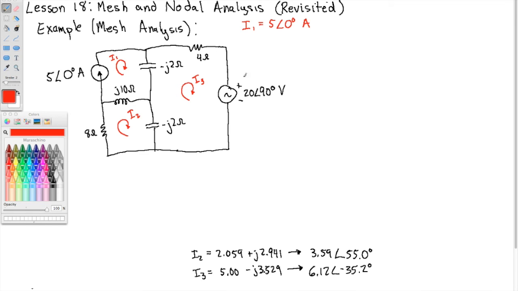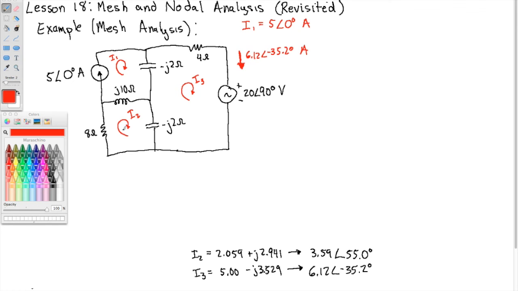So the current here in this branch, because I3 is the only current that is contributing to the current in this branch, is 6.12 angle negative 35.2 degrees amps. So that's coming through the 4 ohm resistor and through this power supply, the voltage source over here.